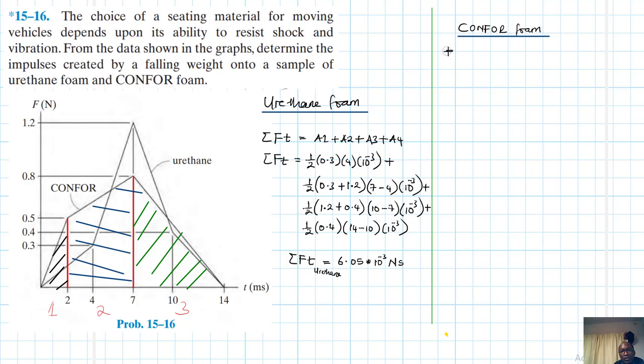So the summation of force times time is just equal to area 1 plus area 2 plus area 3.